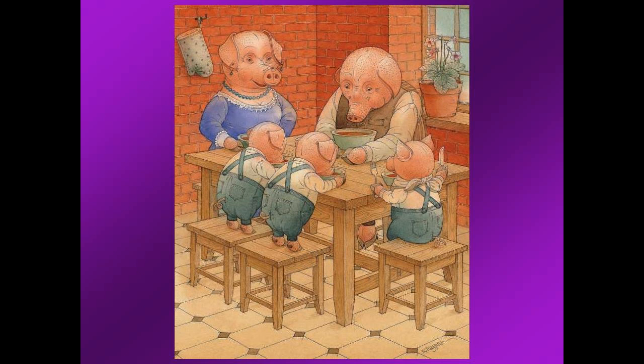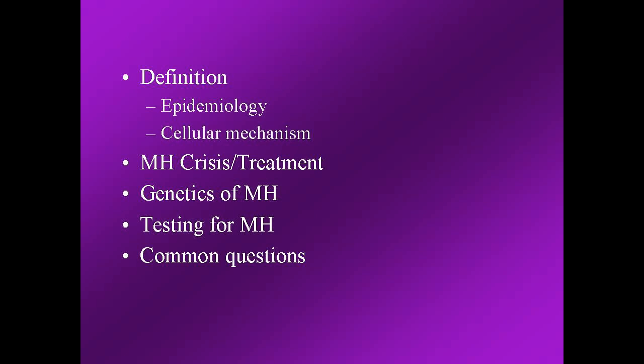This concludes the presentation on malignant hyperthermia, and I thank you for your attention. In this presentation, we discussed the definition, epidemiology, and cellular mechanism of malignant hyperthermia. We discussed the signs and symptoms of a malignant hyperthermia crisis in the operating room and the treatment, particularly the importance of dantrolene administration.